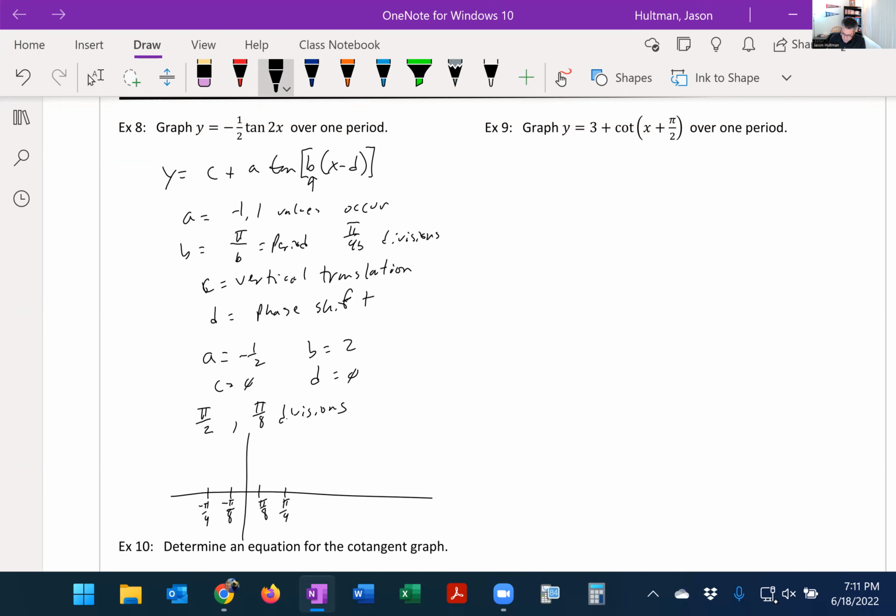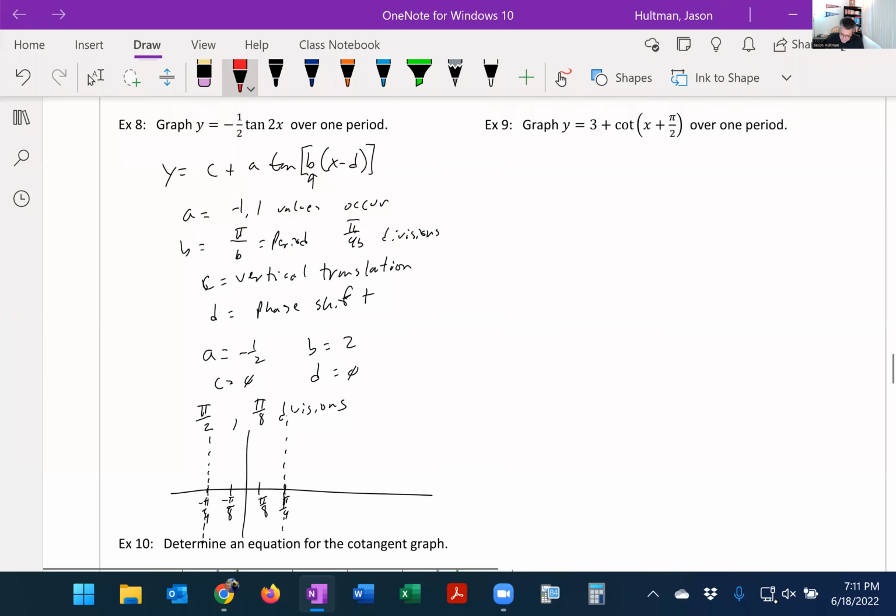At negative pi over 4 and pi over 4, those are going to be my asymptotes, because this thing got compressed horizontally by a factor of 1/2. So the period is only pi over 2 units. From negative pi over 4 to pi over 4 is only pi over 2 units.